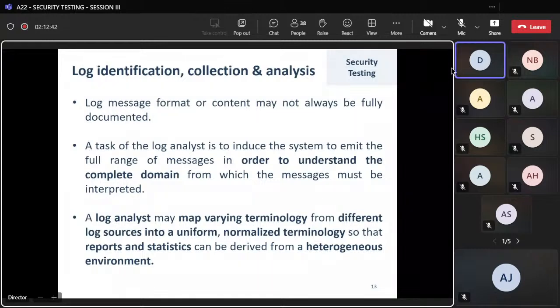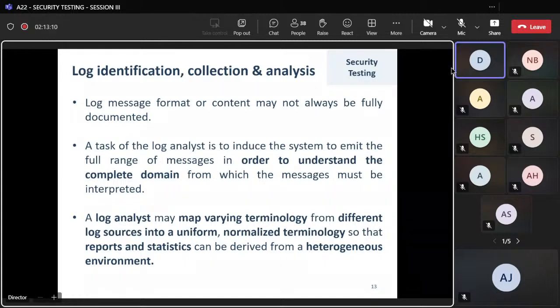Even the date and time format also differs. Sometimes it can be DD, YYYY in a format, and some devices can use month, date, and year. So even the date format, and also the other terminology, may change. So there is a need to normalize these logs before analysis.